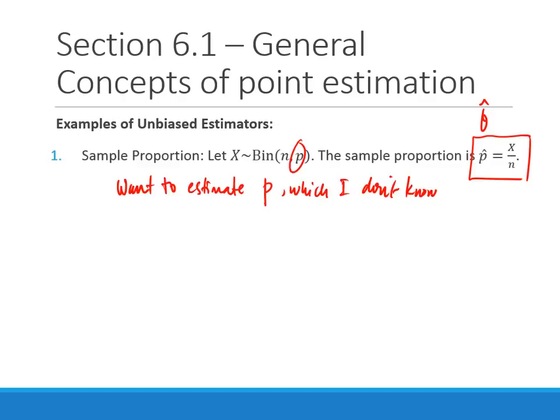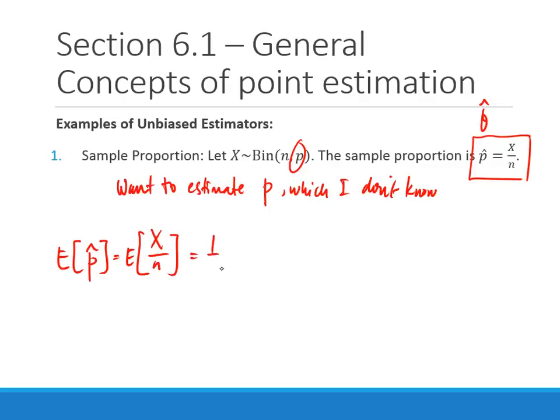So let's see about the bias. See if our estimator is unbiased here. So the expected value of p hat. Well, that's just the expected value of x divided by sample size n. I can pull the n outside, that's just like a constant there.